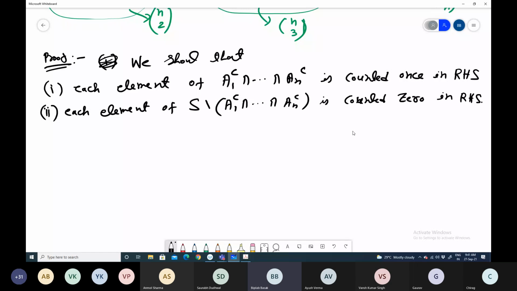Now the first part, that is part 1, is very simple, and for part 2 we use the binomial theorem. So why is part 1 very simple? Because that proof is trivial. So let X belong to this set.